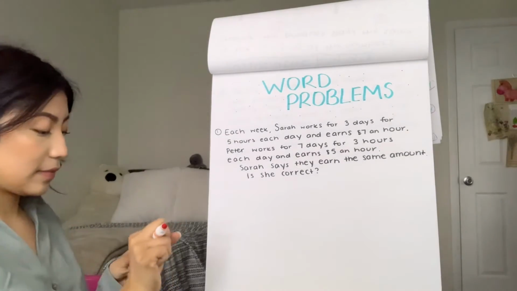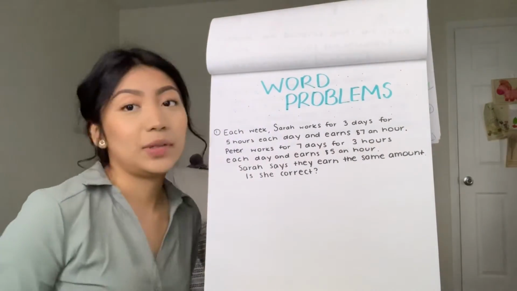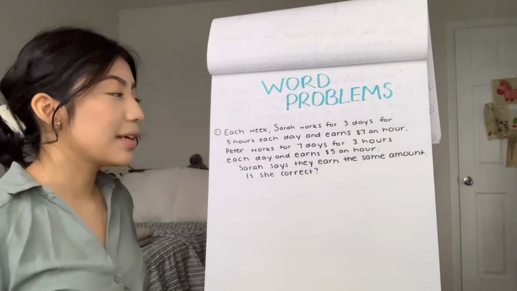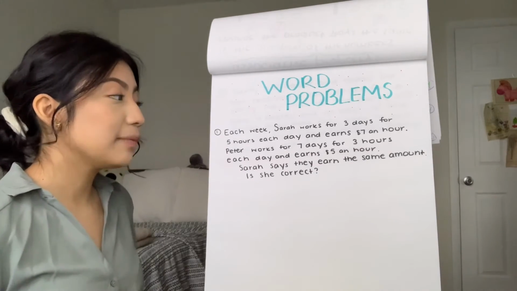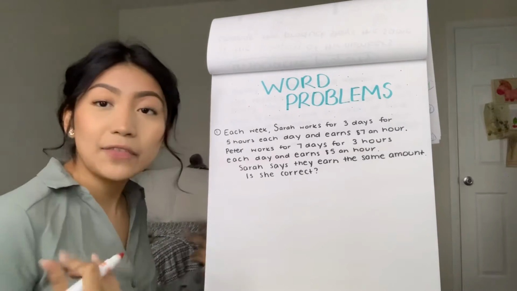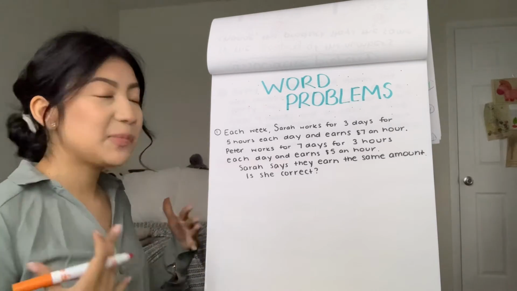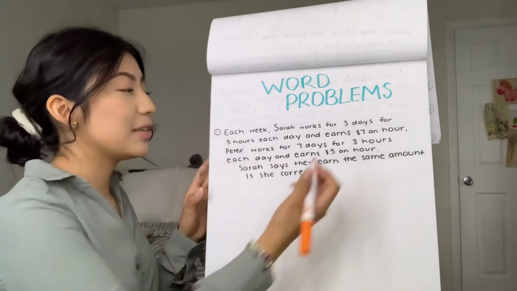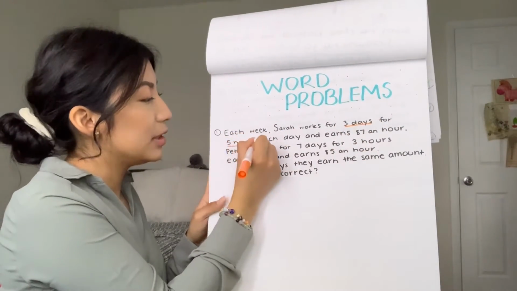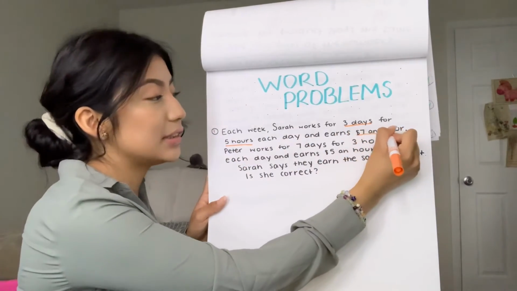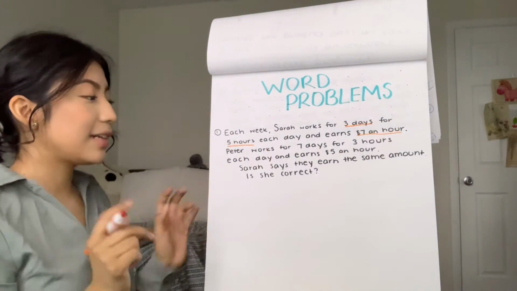Okay, so let's see, what does this say? Each week, Sarah works for 3 days for 5 hours each day, and she earns $7 an hour. So let's pay attention to those numbers, okay? So let's look. We have 3 days, 5 hours, and she earns $7 an hour. Let's read the next sentence.